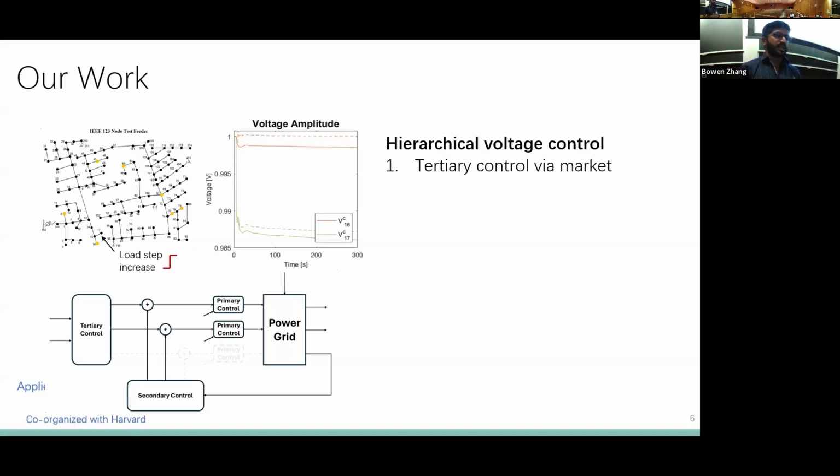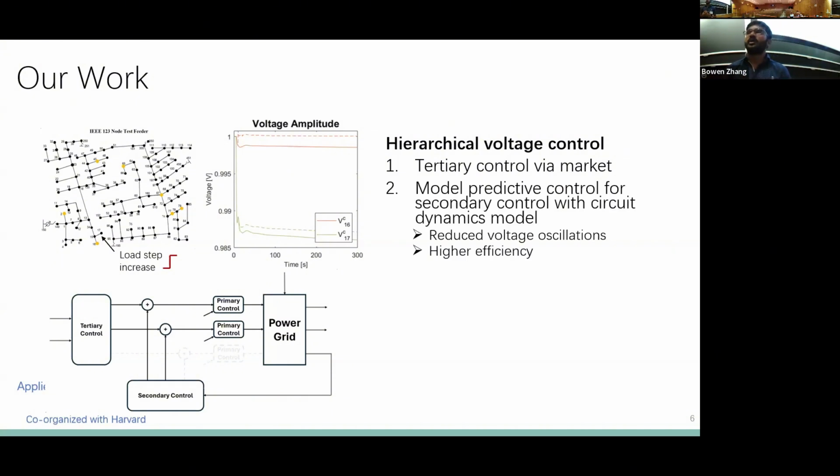And so this is done in 3 steps. The first is tertiary control, which is basically a market clearing or dispatch, which we do using a market structure that was developed in prior work. And then the second is model predictive control for secondary control while accounting for the circuit dynamics model. And this helps reduce the voltage oscillations with a greater efficiency in the dispatch.